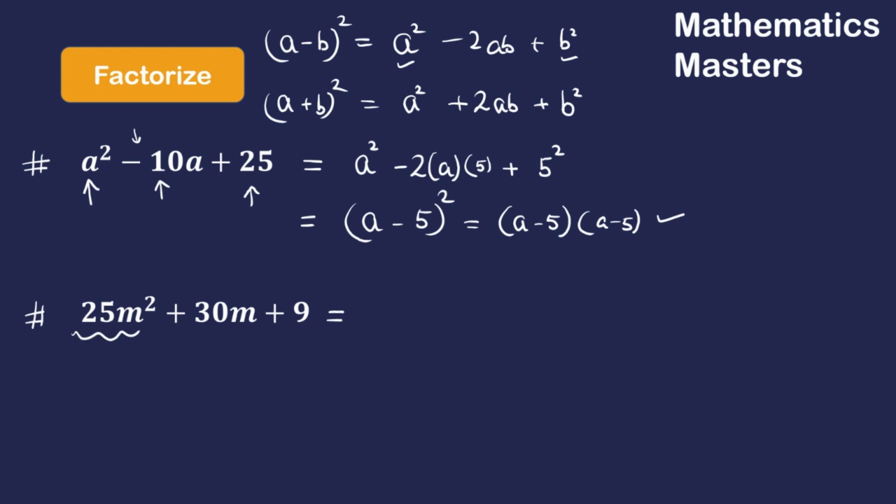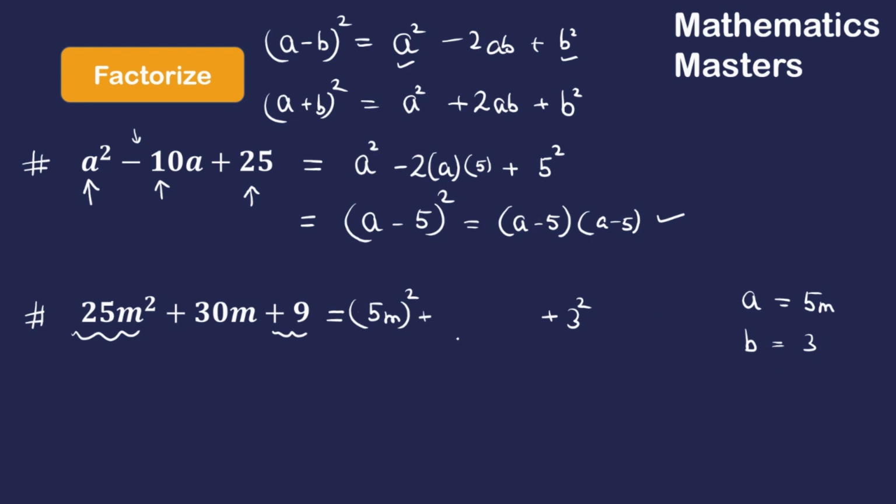We have 25m square, which can be written as (5m) the whole square. So according to the identity, our first term a would be 5m, and plus 9 can be written as the square of 3, so our b is 3.